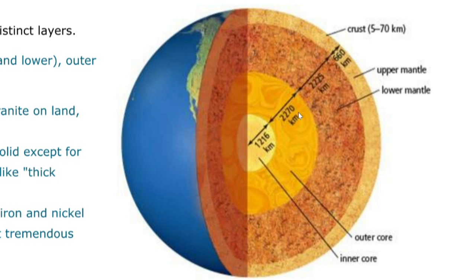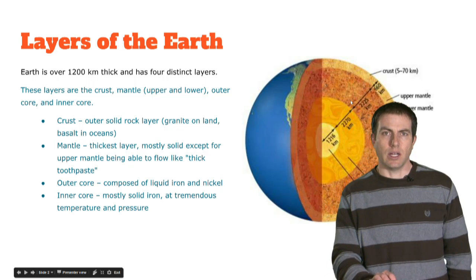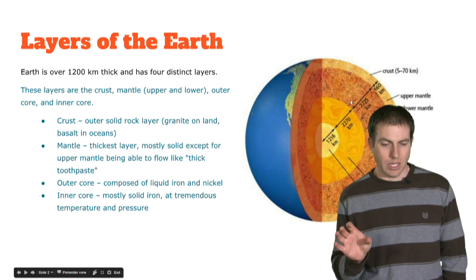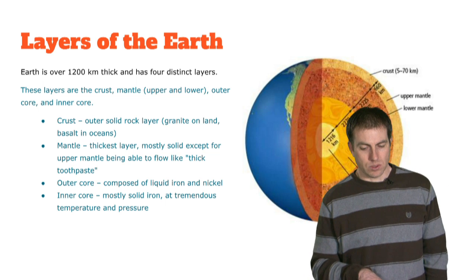We're not entirely sure. And then we have the inner core, which is solid, because at that depth there is absolutely immense pressure. We're not entirely sure what's going on in the mantle layers. We don't have a lot of information about those layers.